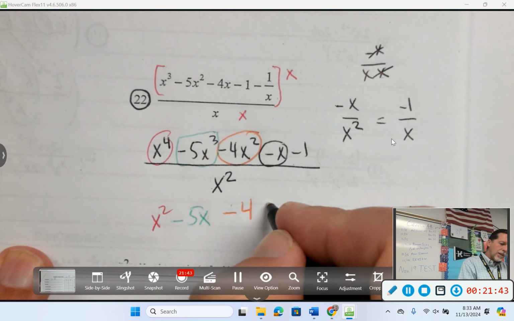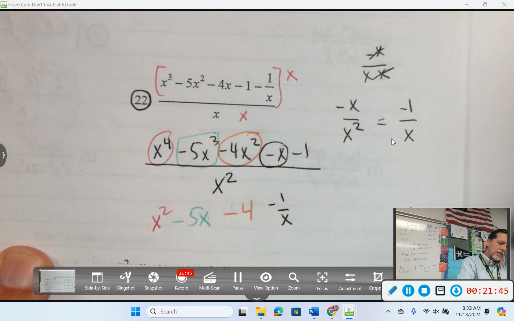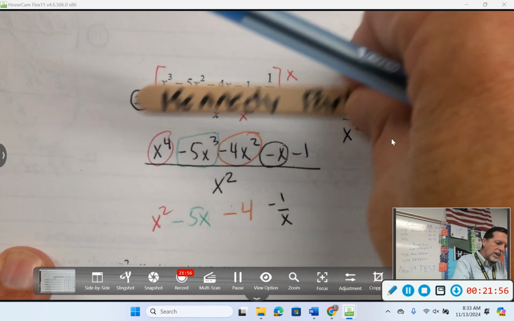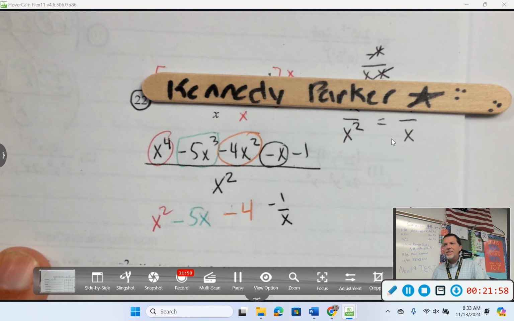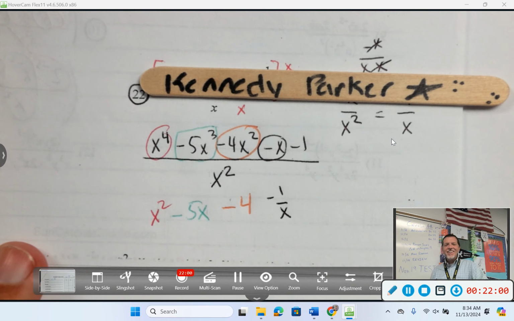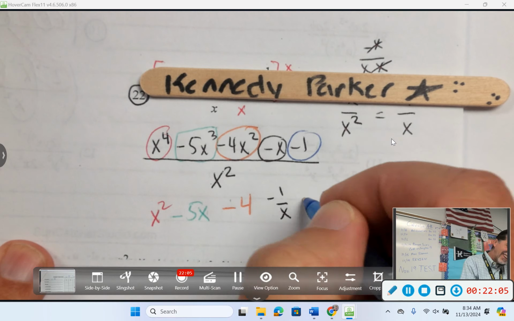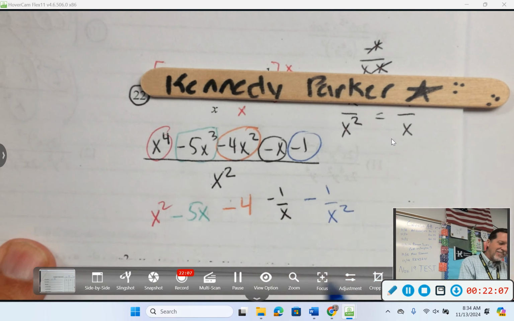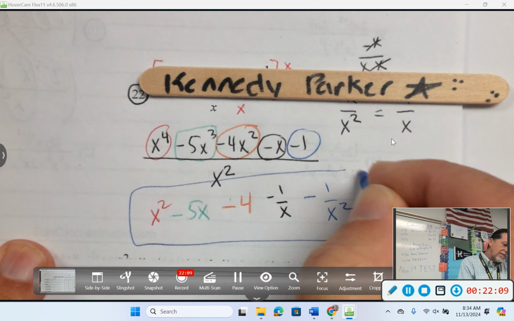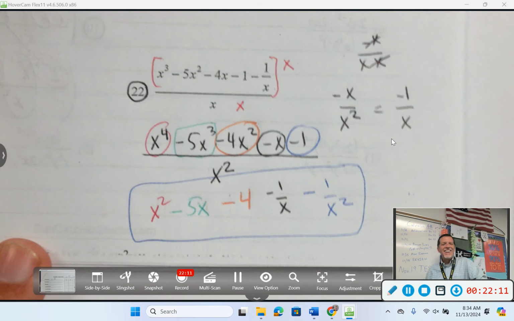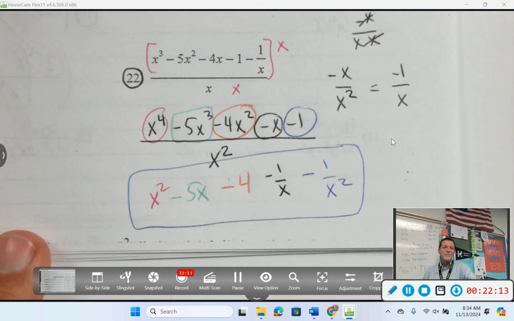That leaves me with negative 1 over x. And then lastly, Kennedy, how about negative 1 over x squared? What's that equal to? Well, I just gave the answer, negative 1 over x squared.